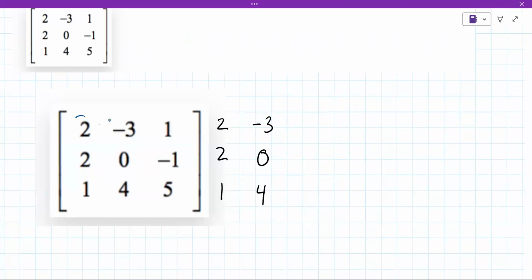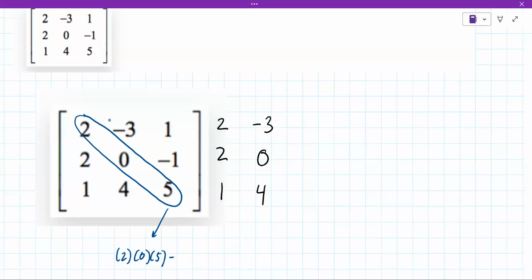So you create your first diagonal going down this way, and you multiply those 3 numbers. 2 times 0 times 5, which equals 0.